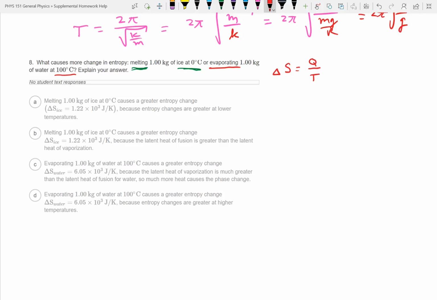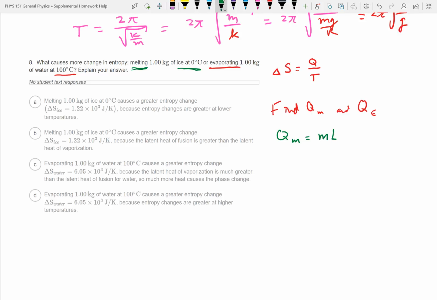So what do we have to do here? We have to find the Q. So find Q melt and Q evaporate. Would we be doing Q equals M L V for the evaporation?